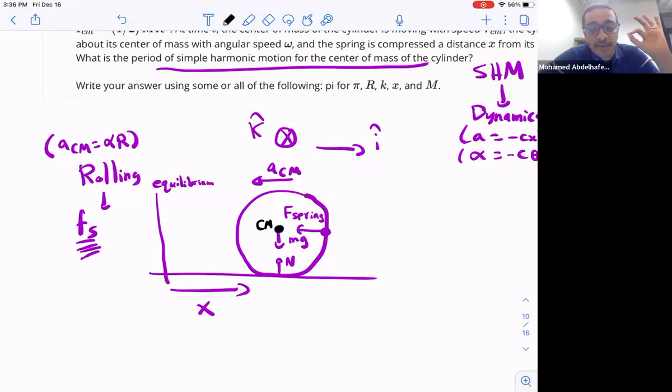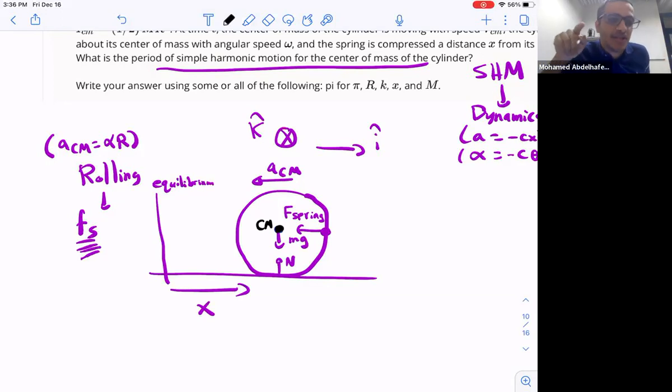In rolling without slipping, the main job of static friction is to supply the torque, because usually there will be no other torques. Sometimes there are, but still the main job of static friction in rolling without slipping is supplying the torque needed for rolling without slipping to keep happening.